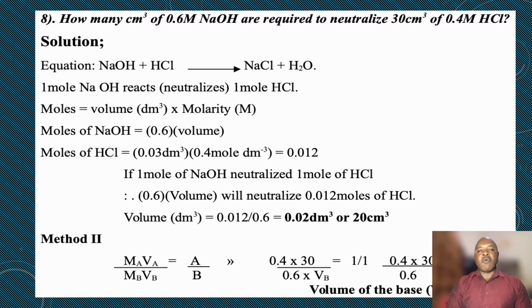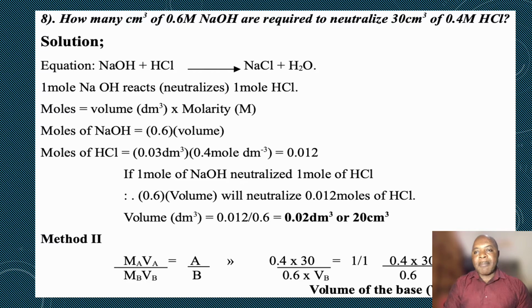Let's calculate the number of moles of hydrochloric acid. We have been given the volume and the molarity. We convert the volume to dm cube. When we convert 30 to dm cube, it will be 0.03 dm cube.